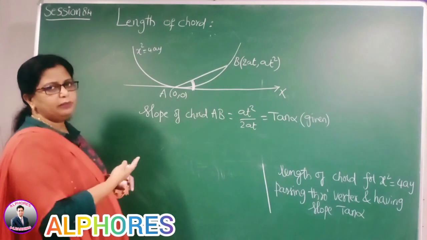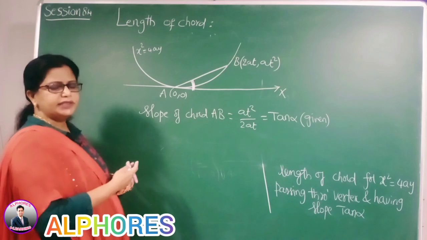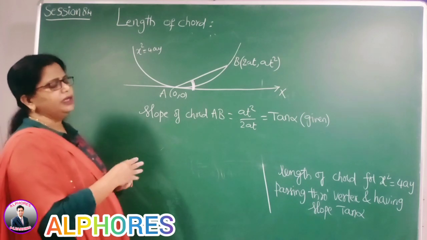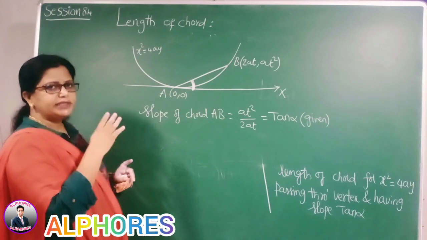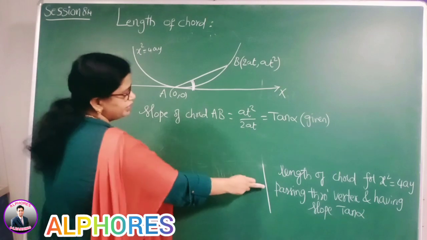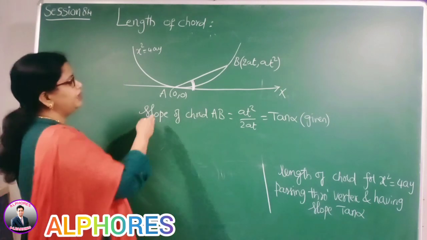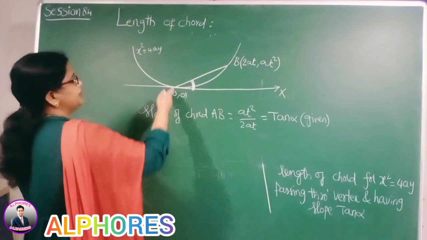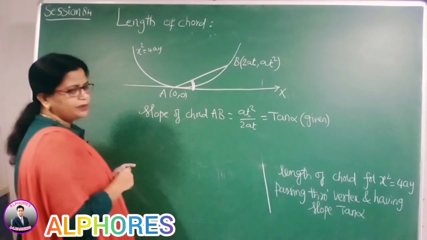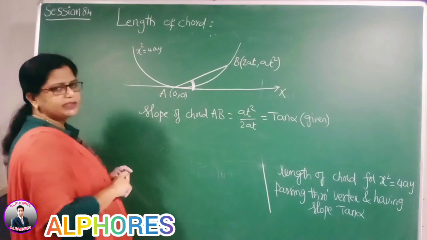In the previous problem, they said theta is the angle made by the chord with the axis of the parabola. But what happened there? The axis itself is directly the x-axis. Whereas here they are not mentioning the axis of the parabola. If they mention the axis, it is nothing but the y-axis. That's why in this problem they gave the slope of the chord of the parabola as tan alpha.